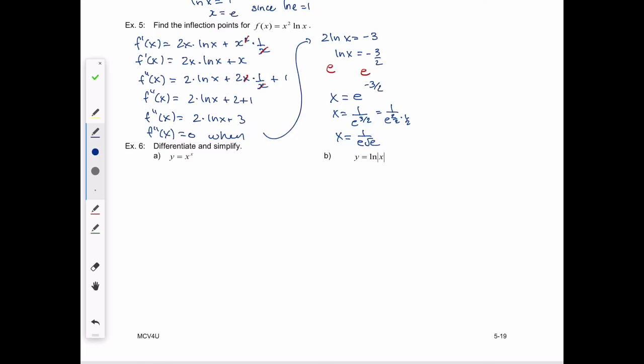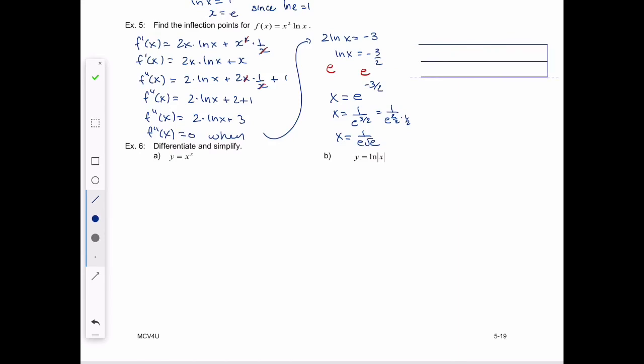I'm going to create a chart so we can see if it actually is a point of inflection. So here we go. I'm going to need a horizontal for that. I need another horizontal for that. Again, another one for that. Maybe I should move that down a little bit, give it some more space.